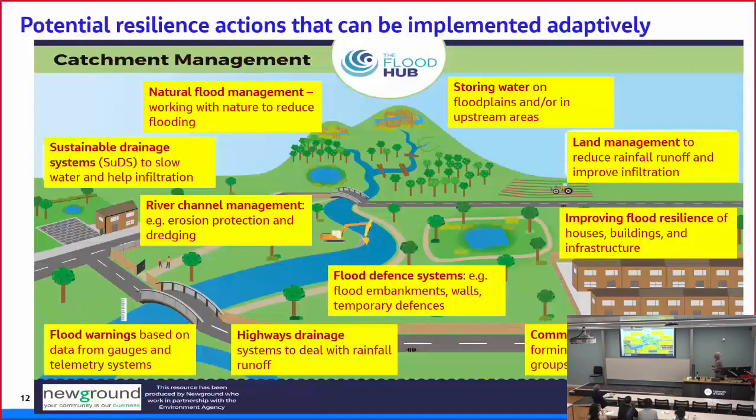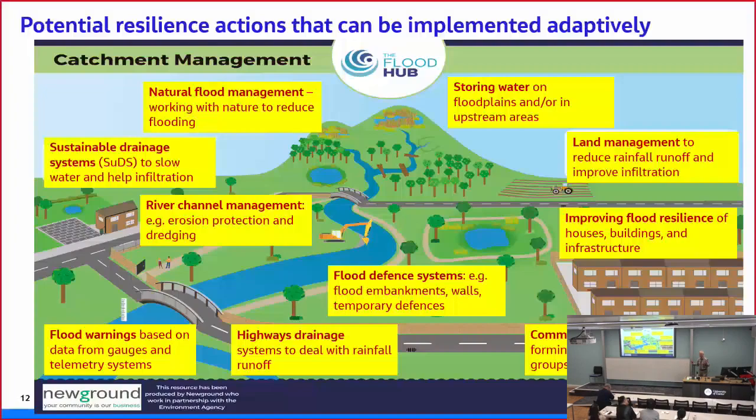I included this slide because I felt maybe some of you are not that familiar with flood resilience measures. They're very specific to their location, so you can reduce runoff in river catchments to create local storage and reduce flood peak flows. You can store water on the river floodplains.